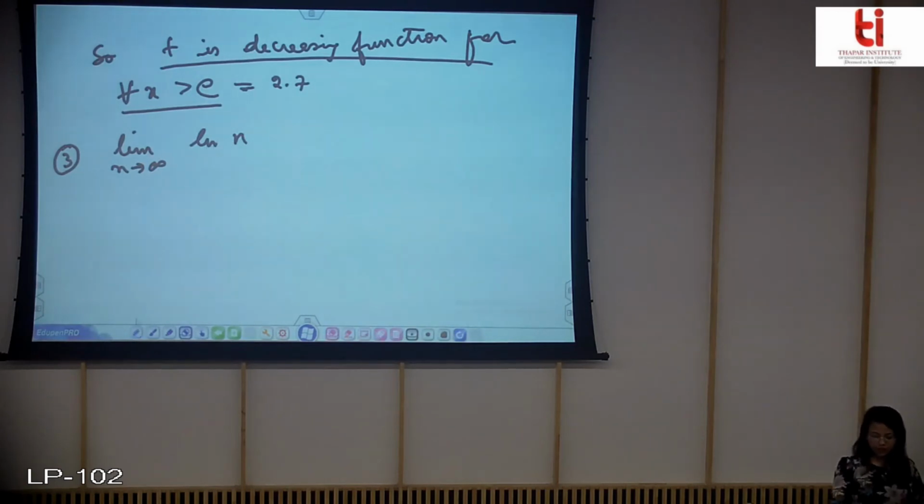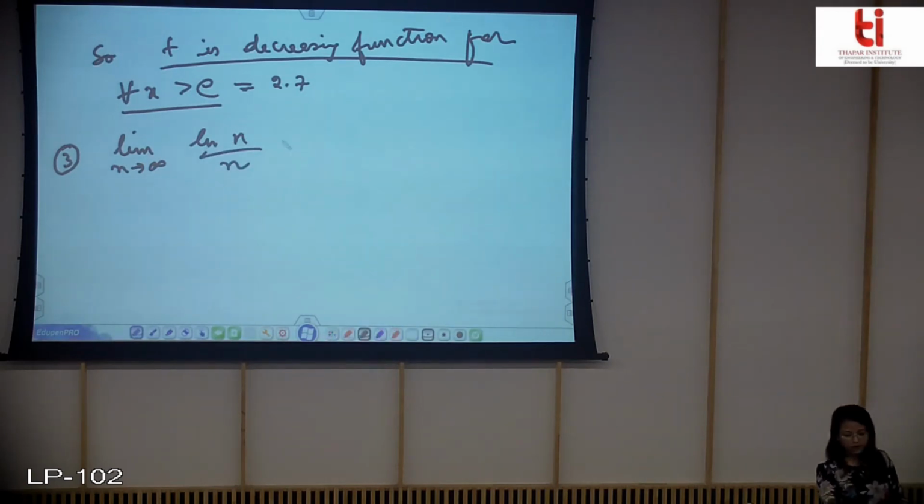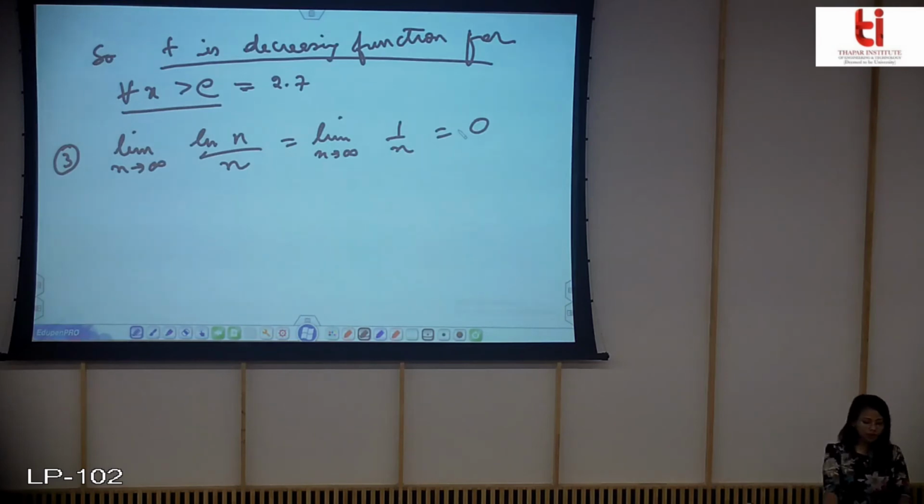Now what about the third condition? So let's check the third condition. What about the limit? So the limit of this is, you can see this is infinity by infinity form. So if I apply the L'Hopital rule, what will I get? This is equal to 0.